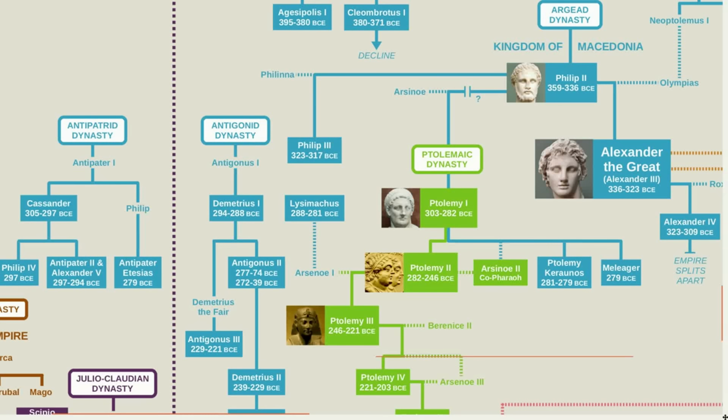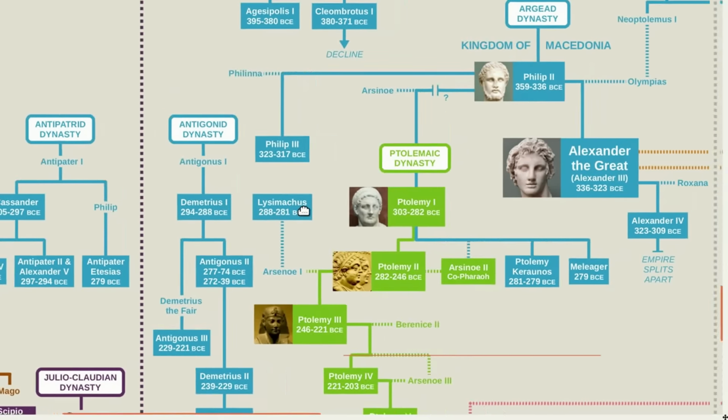Now, the exact situation is a bit more complicated, but basically around this time, Alexander's empire was divided into 4 parts. Cassander ended up with the original homeland, Greece and Macedonia. Lysimachus, another general, ended up with a good chunk of Asia Minor.